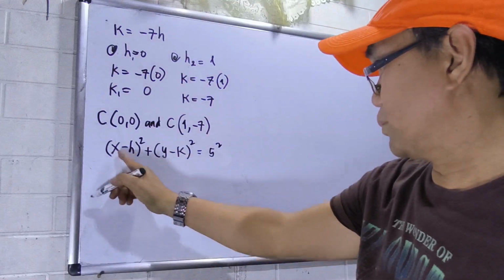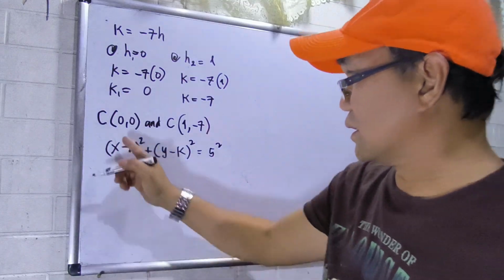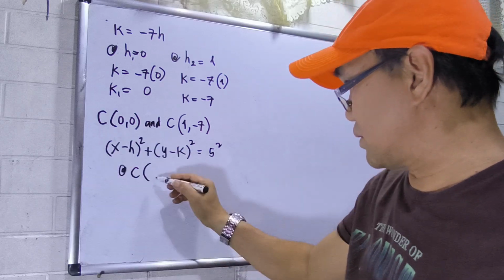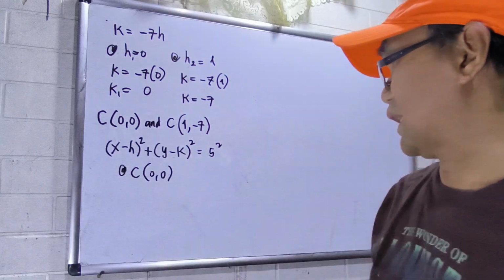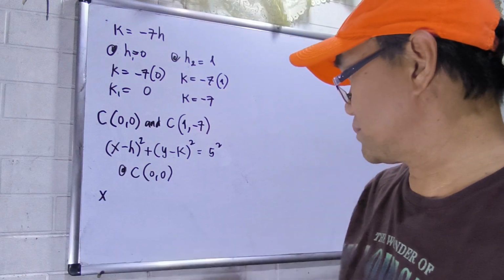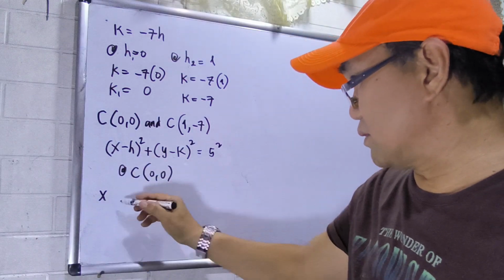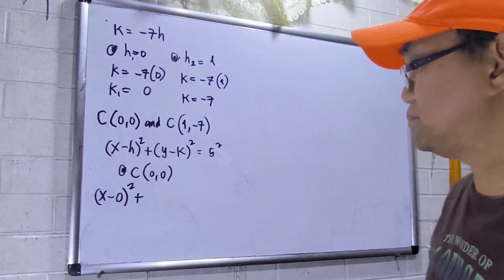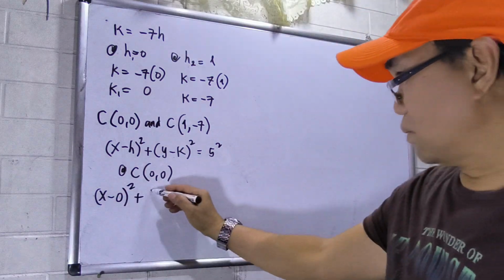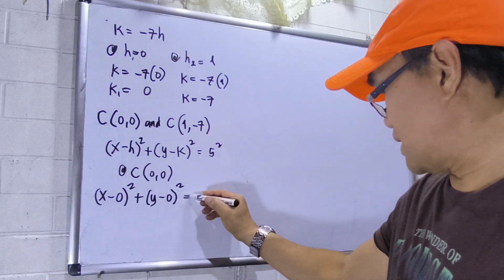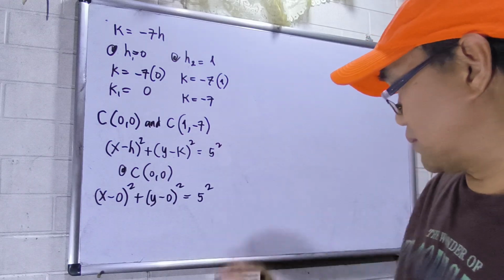Now, let's start from 0, 0. Center will be 0, 0. Okay? So, plug in. So, x minus h where h is 0, squared, plus y minus 0 squared equals 5 squared.